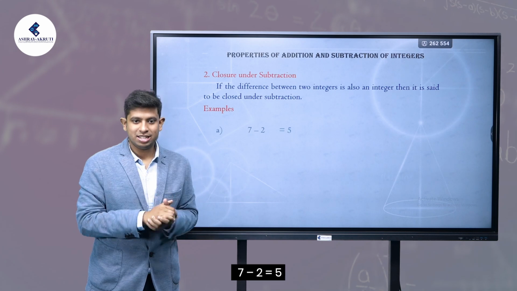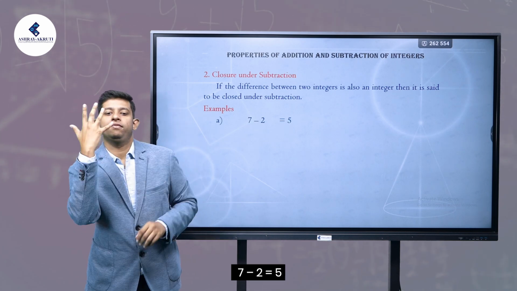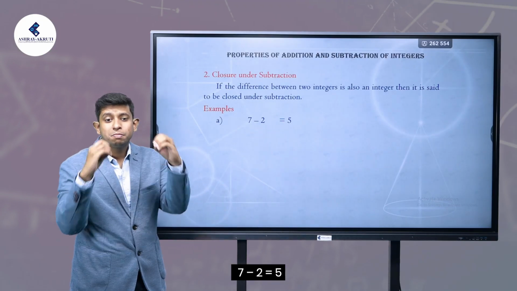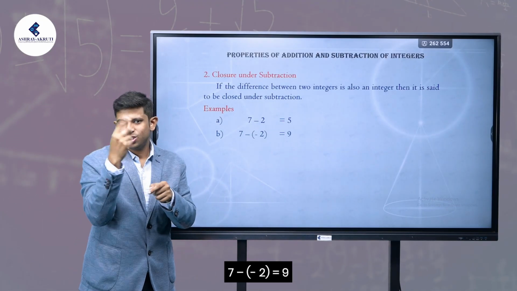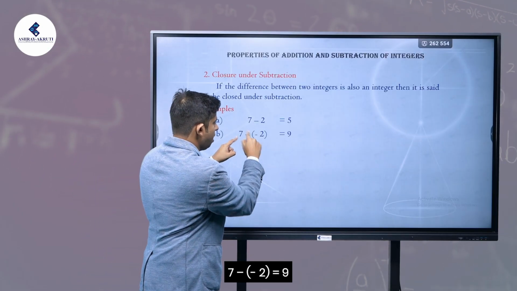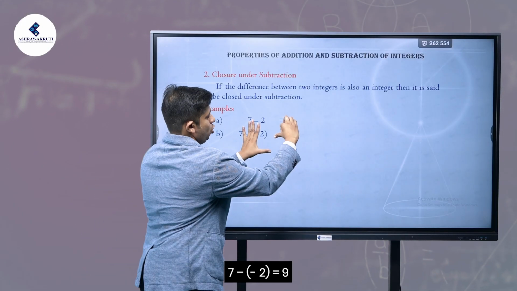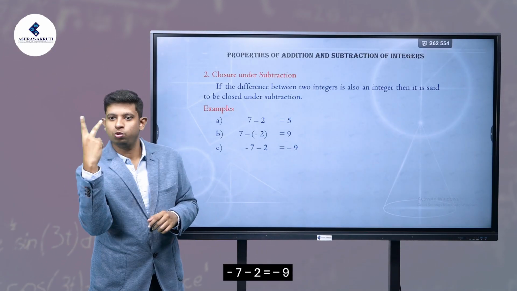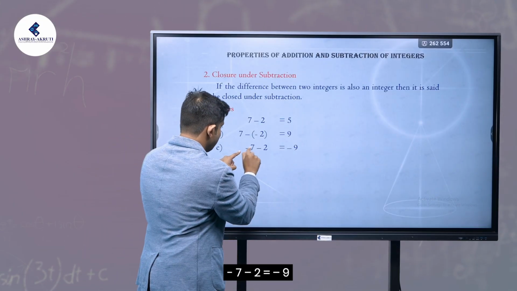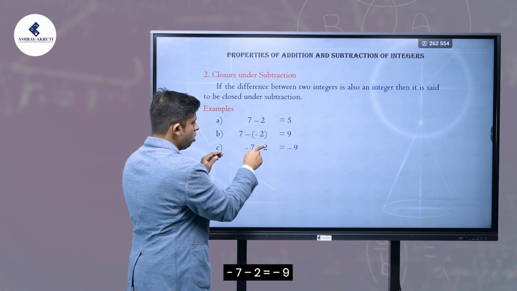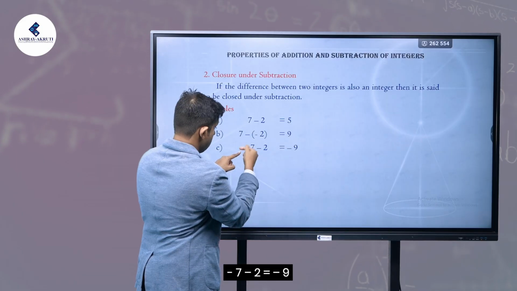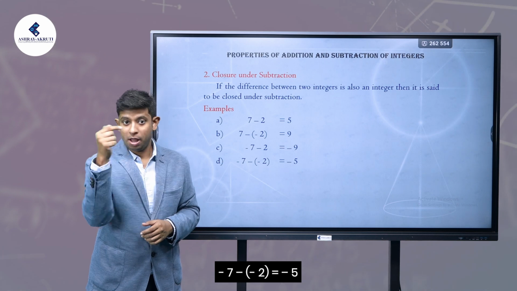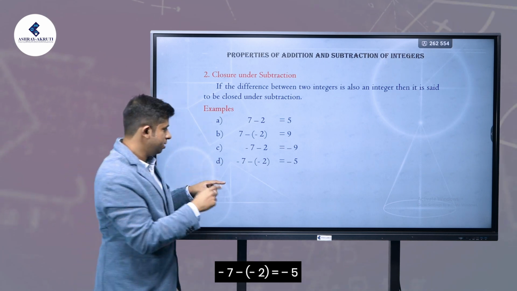Examples: 7 minus 2 is equal to 5. 7 minus -2 is equal to 9. -7 minus 2 is equal to -9. -7 minus -2 is equal to -5.